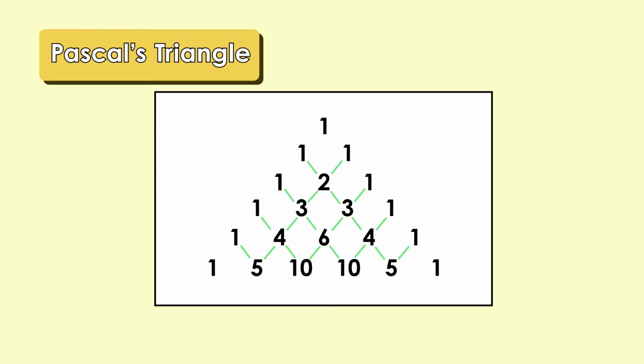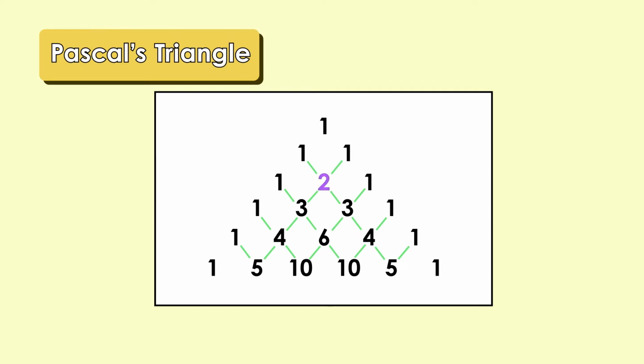The Pascal's triangle starts with number 1. The next row is 1, 1. All the rows start and end with 1. The other numbers can be obtained by adding the two numbers above.